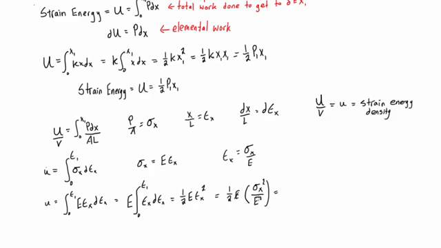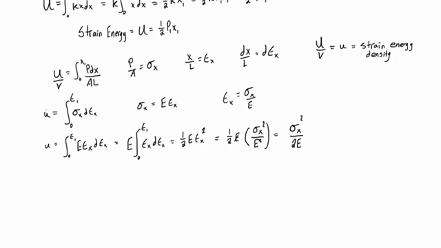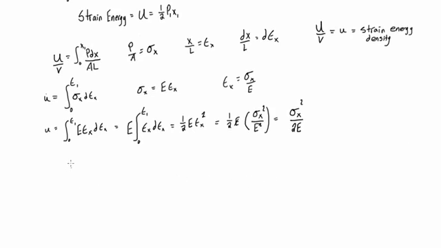We have one E in the top, two in the bottom, and then let's just rewrite this a little bit cleaner. So we'll have sigma x squared over 2E. So that is our strain energy density. That is on a per unit volume. So again, we'll just write it here a little cleaner: sigma x squared over 2E.